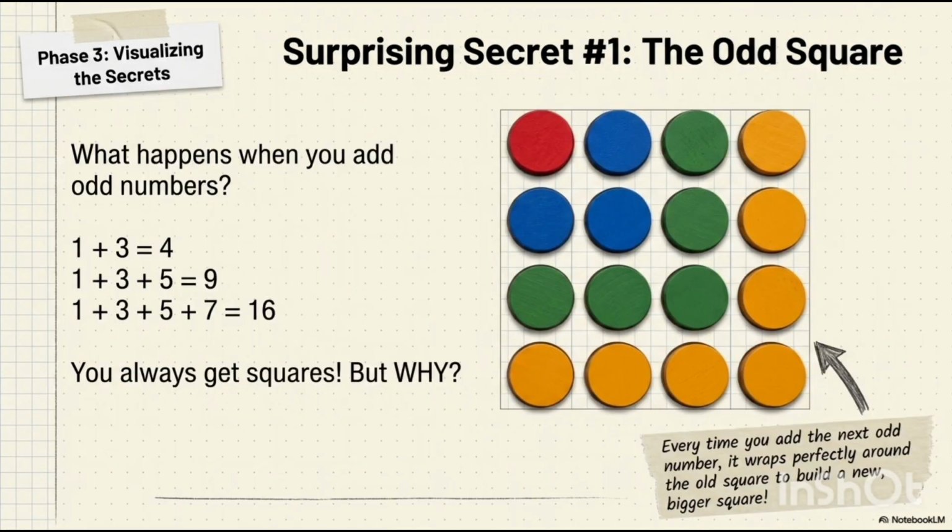Now I will show you the practical dots. So first I have taught you that 1 plus 3 is equal to 4. As we keep doing this, we will get the square numbers. So the red dot is 1, and then if we add 3 to that, we get 4.